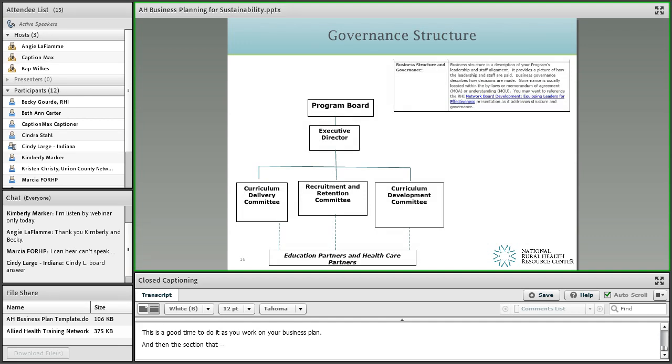The other piece that we highlight in this particular section is encouraging you to describe the culture of your program. And this is where the proof is in the pudding, that the values of the organization are being lived out by your staff. So the culture describes the way we act.